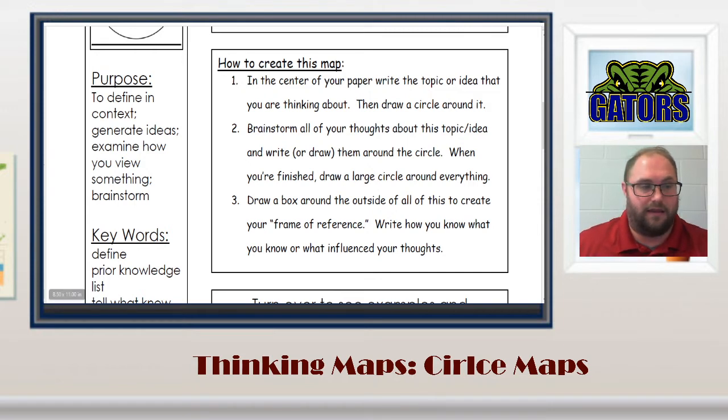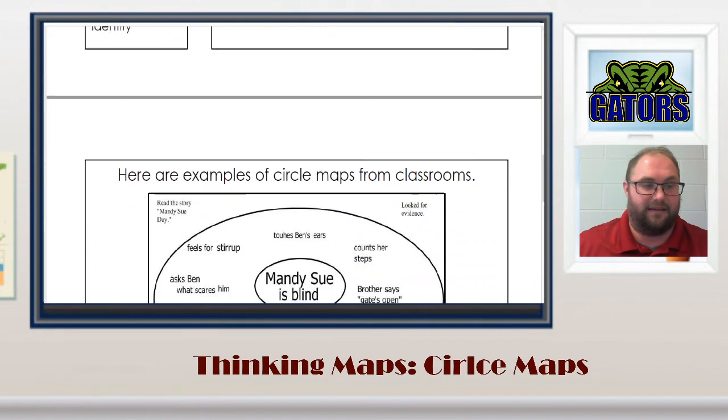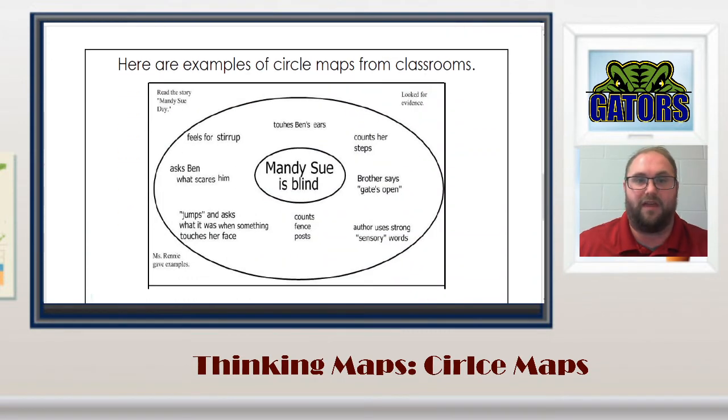Now, continuing, here are some examples of different types of circle maps. This one is pulled from a book about a character named Mary Sue, who is blind. It states the different adaptations that Mary Sue has made to this blindness.